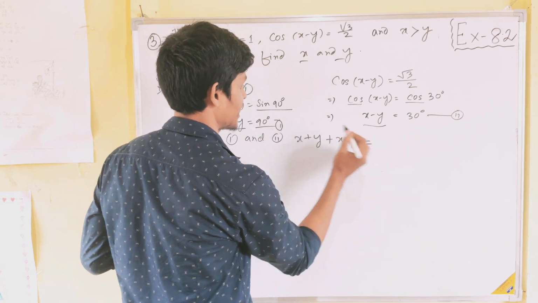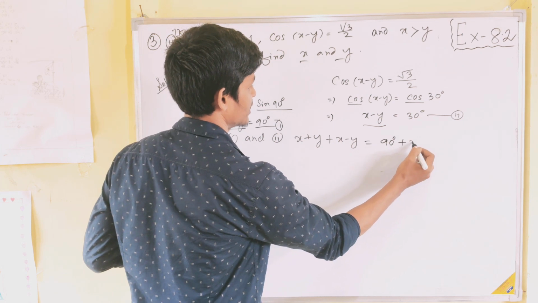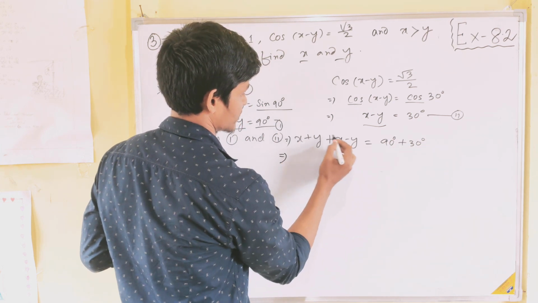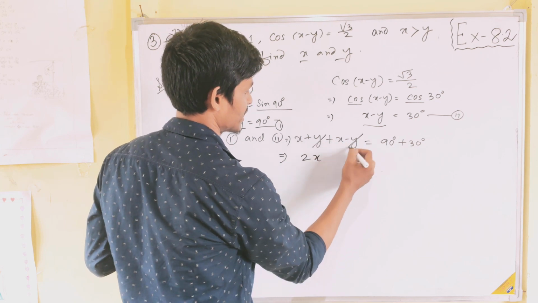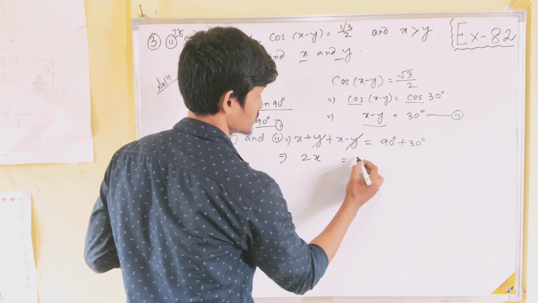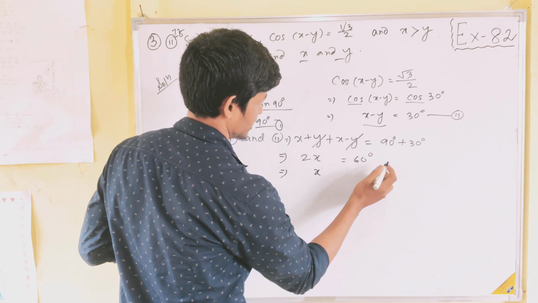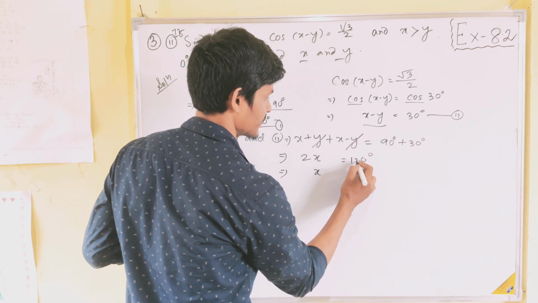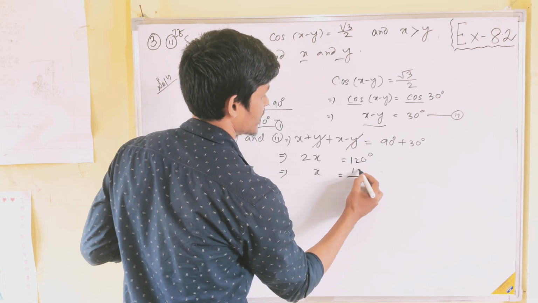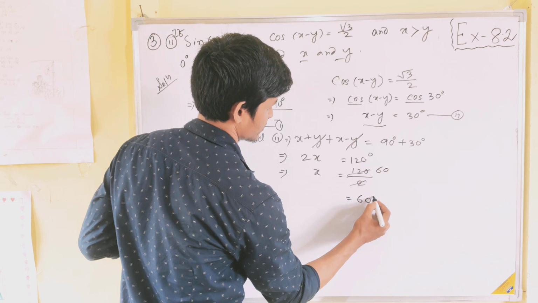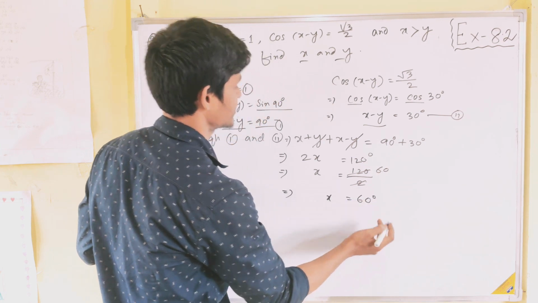Add these two, then add the right hand side of both equations, 90 plus 30. 2x, plus y minus y will be cancelled. 90 plus 30 is what? Sorry, 90 plus 30 is 120 degree. So x equal to 120 by 2, the answer is 60 degree. That means the value of x is 60 degree.